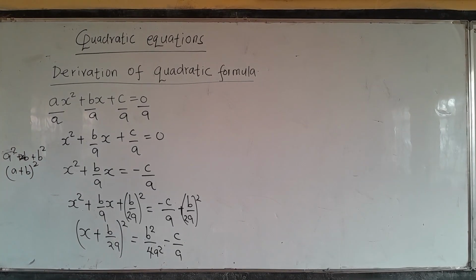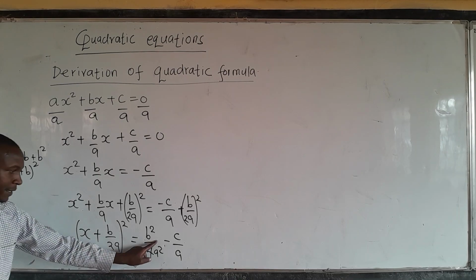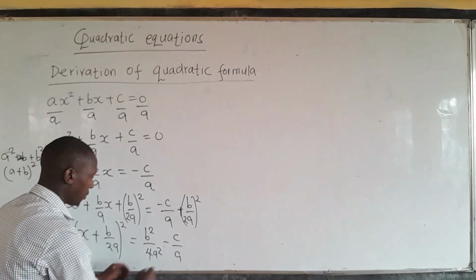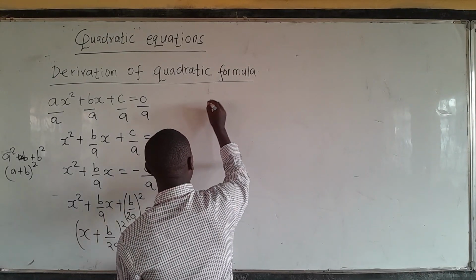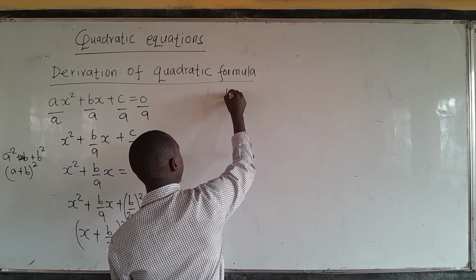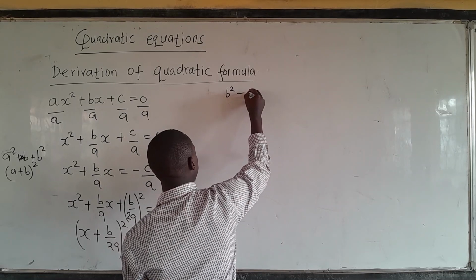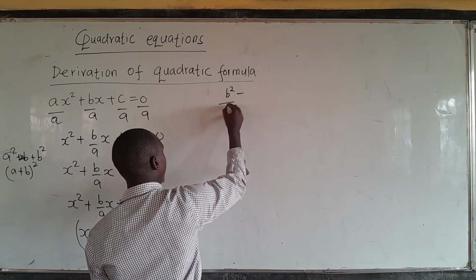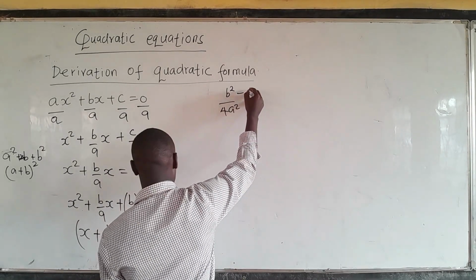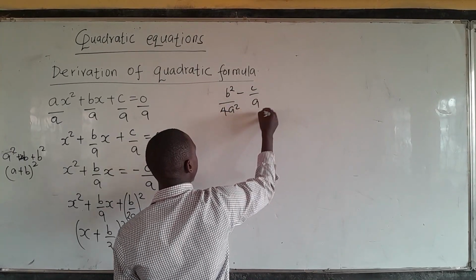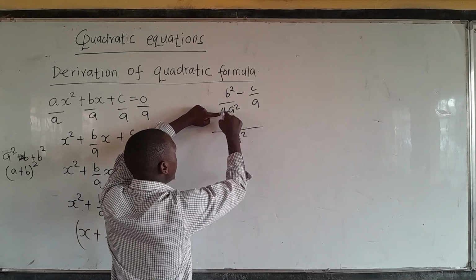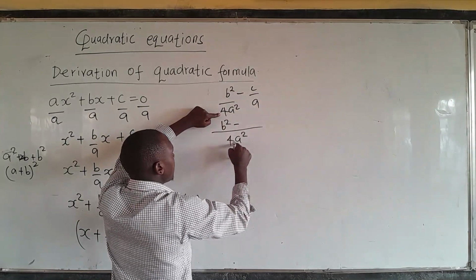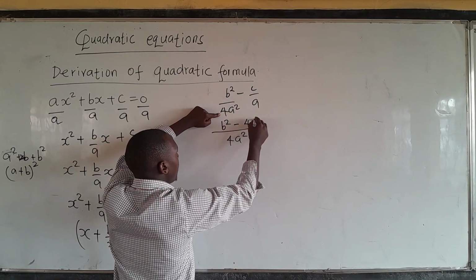Well, we can simplify further by combining this so that we have a single fraction. The LCM is going to be 4a squared, so we have b squared minus 4ac over 4a squared.